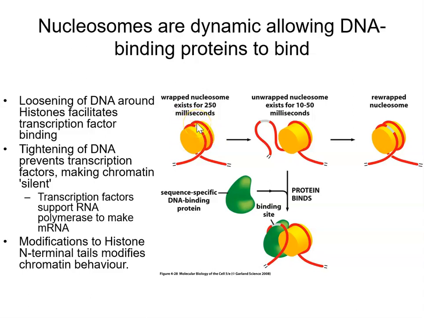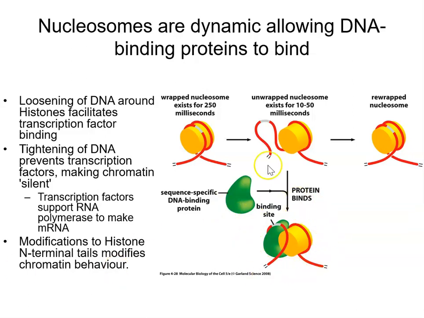Now the only way it can bind is if this DNA unhooks from the histone transiently to allow proteins to bind to the DNA, otherwise proteins can't bind to this DNA. So if the DNA is tightly wrapped around the histone, transcription factors can't get in. If the DNA is loosely wrapped around the histone, transcription factors can get in, and that can help to activate gene expression.